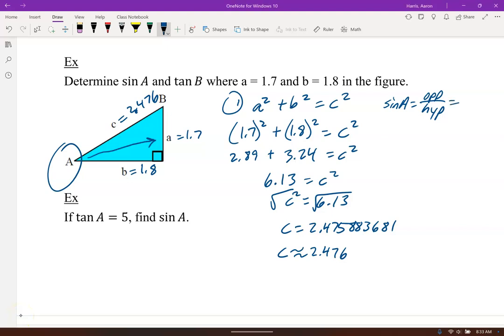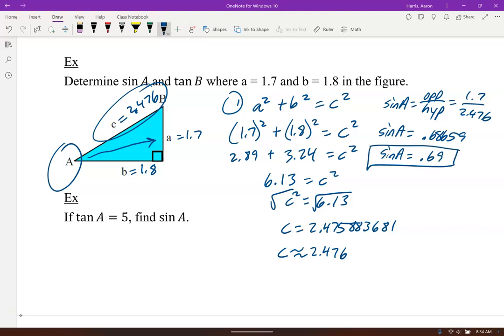And then the hypotenuse, of course, is that 2.476. So sine of angle A would be 1.7 divided by 2.476, which is 0.68659. We'll round that to 0.69. We'll leave it right there.